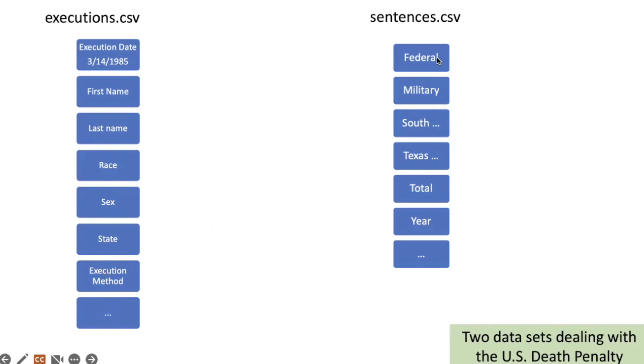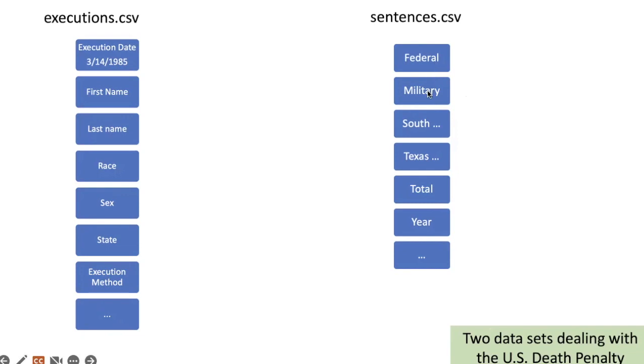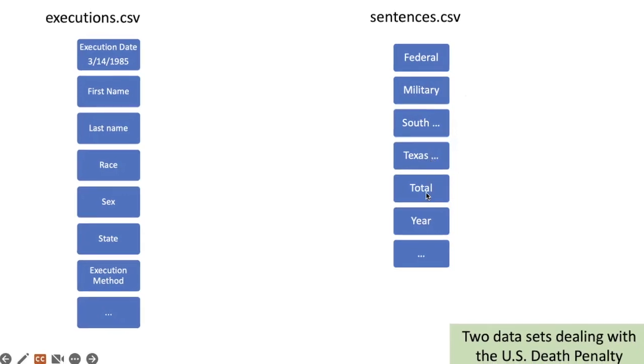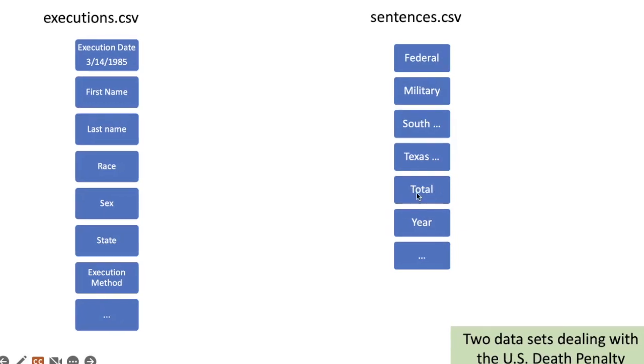The sentences database has a listing of all of the groups that have access to the death penalty, regions like South, Midwest, and so on. The military has a death penalty. There's a federal death penalty, and each state, many states have the death penalty, but not all. And then there's a total column in that data set, and this is the one we want to link to, and the year. So we want to join the year of executions to the year in sentences.